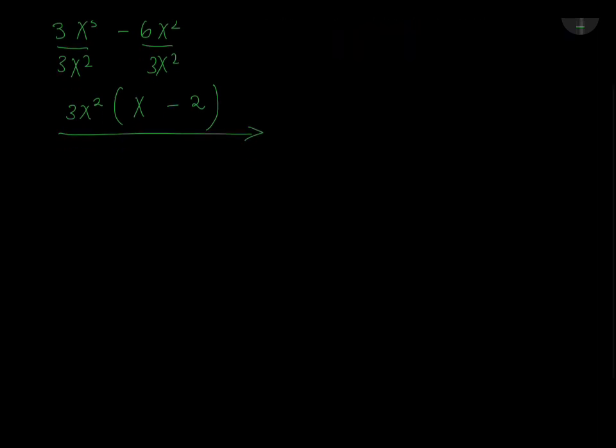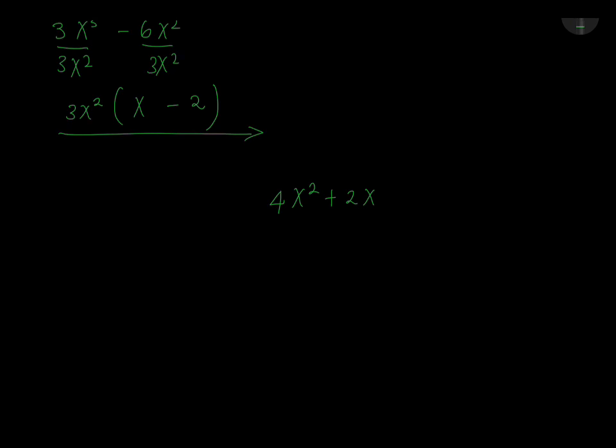Okay, let's do another example. Let's say we have 4x squared plus 2x. As we did in our previous example, we're gonna look at both terms of this expression and ask ourselves which one has the variable with the lowest exponent.